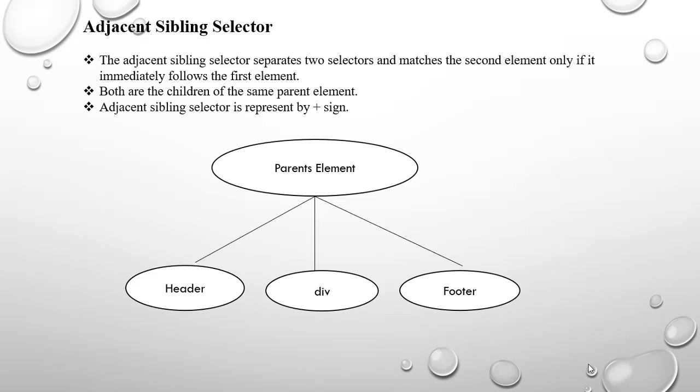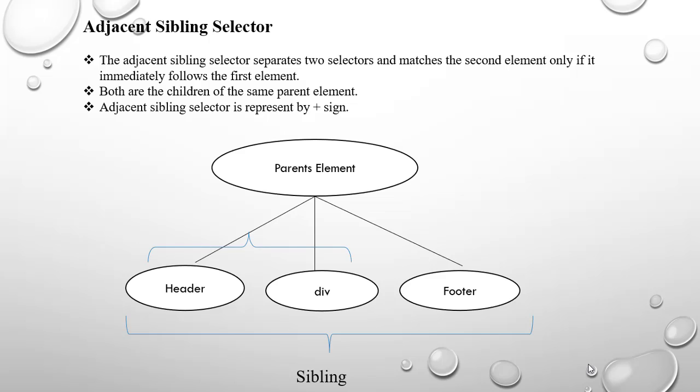The adjacent sibling selector. Adjacent siblings usually means elements which have the same parent element. The adjacent sibling selector is represented by a plus sign. In our example, the header, div and footer are called siblings since they have one parent element.